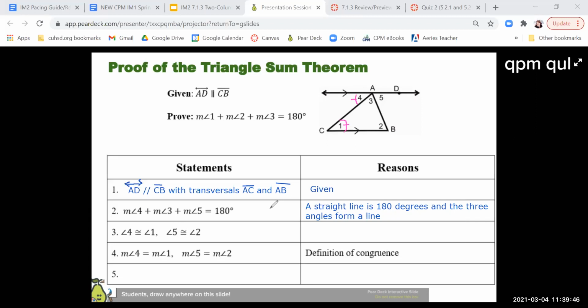We also know that angle 5 and angle 2 are congruent to each other. And the property that tells us this is the one we just proved on the previous slide, that alternate interior angles are congruent.